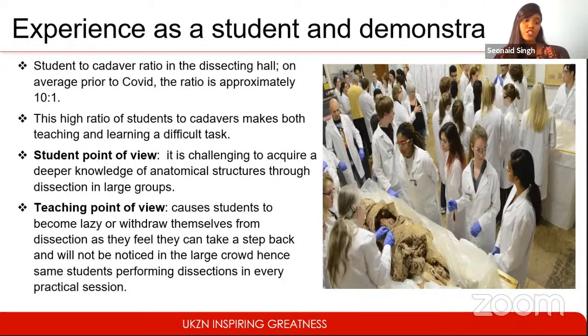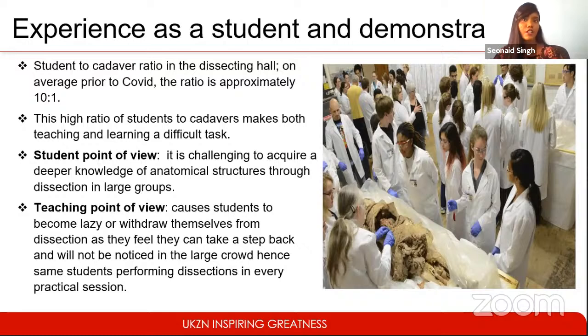And from a teaching point of view, being a demonstrator, I have noticed that this shortage of cadavers resulting in a high student to cadaver ratio sometimes tends to cause students to become lazy or withdraw themselves from dissection, as they feel they can take a step back and they will not be noticed in the large crowd by their superiors.